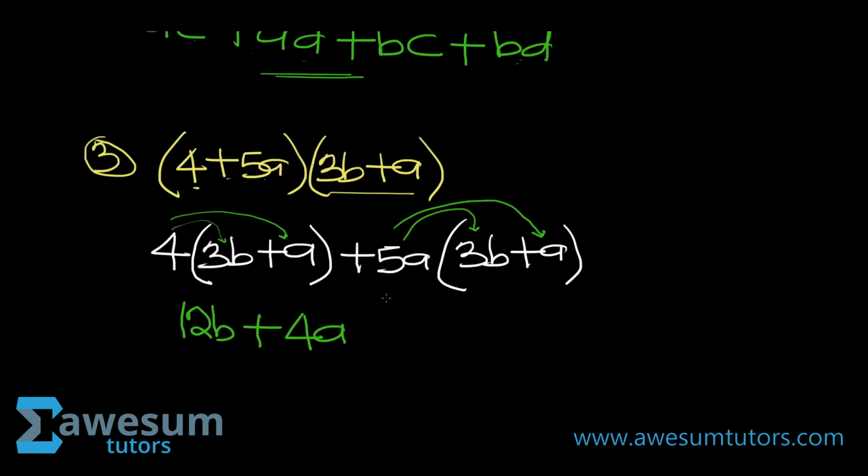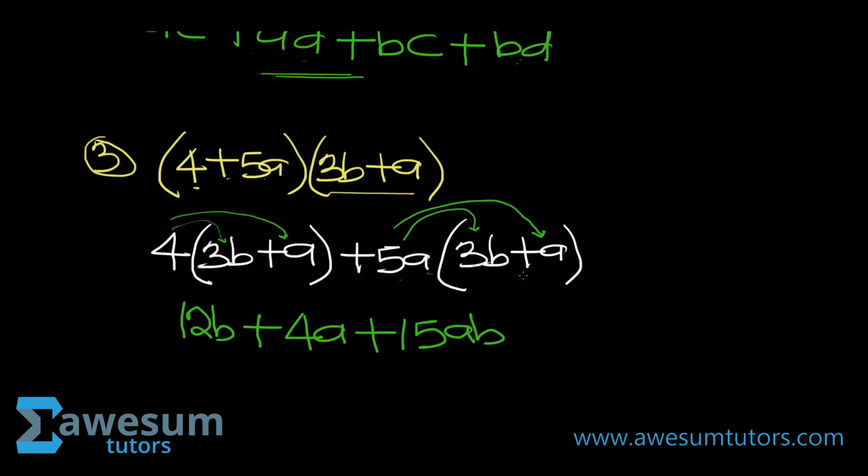Now 5a times 3b, that's 5 times 3 is 15, ab. So you have ab, and you bring down your plus right here, so that is going to be 15ab.